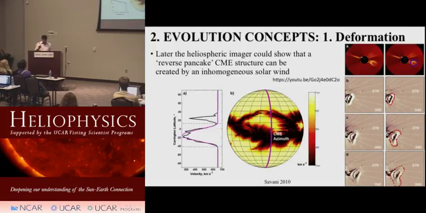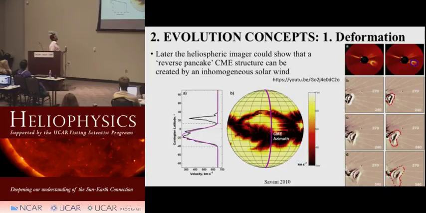And another part of deformation, with the pancaking idea, you get a concave structure as things move up radially. And what I briefly alluded to with Dushan's model is, depending on which kind of solar wind you go to, you can get something really drastically weird, although that's never really been seen that much in observations.